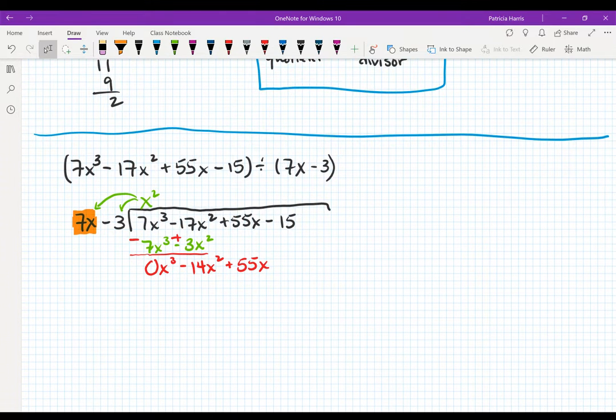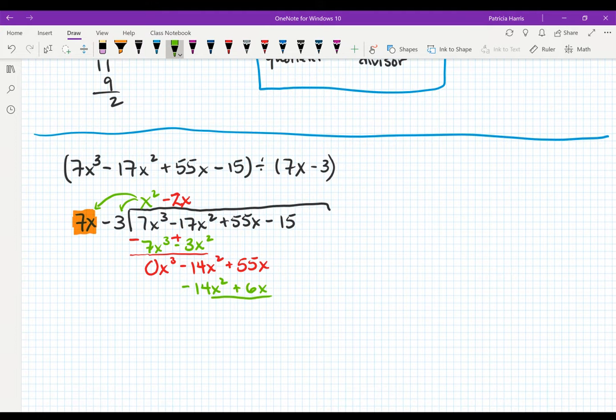All right, now you ask yourself, what do I need to multiply 7x by to get a negative 14x squared? So I would multiply it by negative 2x. Again, we're going to distribute. So negative 2x times the 7x, negative 14x squared, positive 6x.